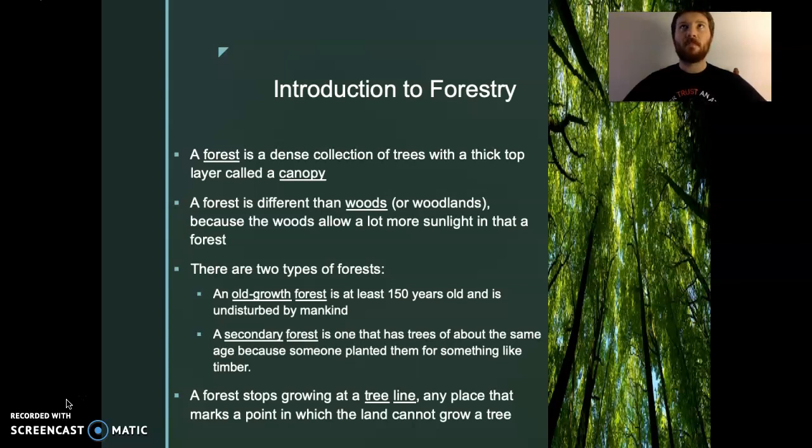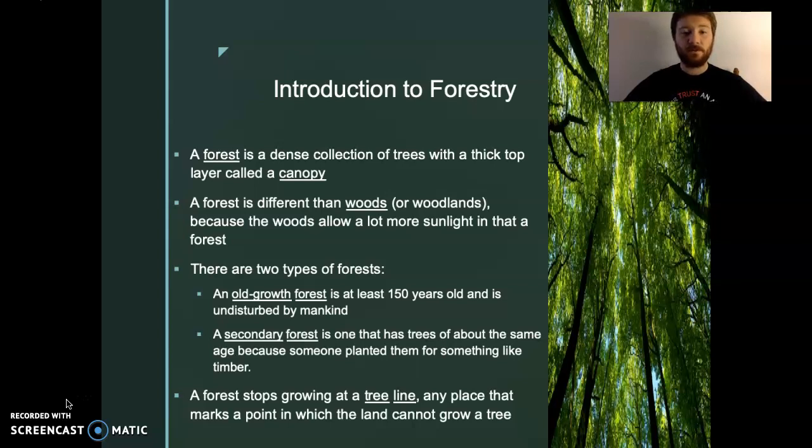Now, I would venture to bet that when we think of the woods, we do think of a forest, but the reality is a forest is a place where you can look up and you don't really see a lot of light. And there's not a lot of places like that around Florida. If you want to go to a forest, you typically have to go a little bit more into the mountainous states, even into Georgia. But anyways, there's two types of forests.